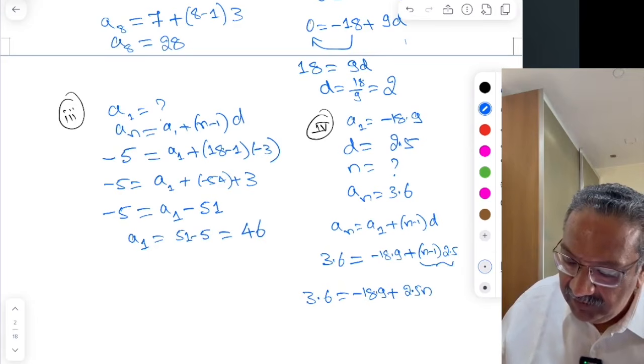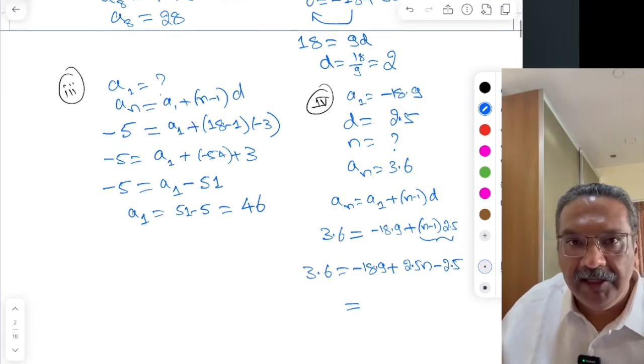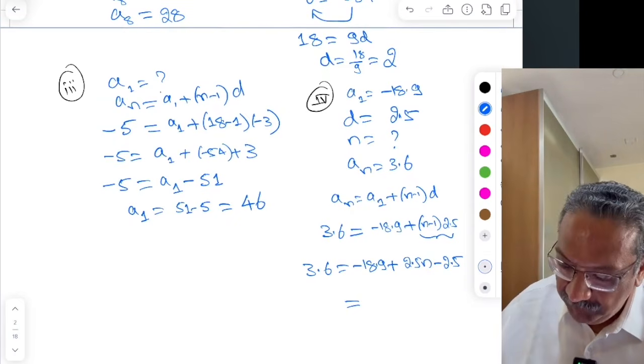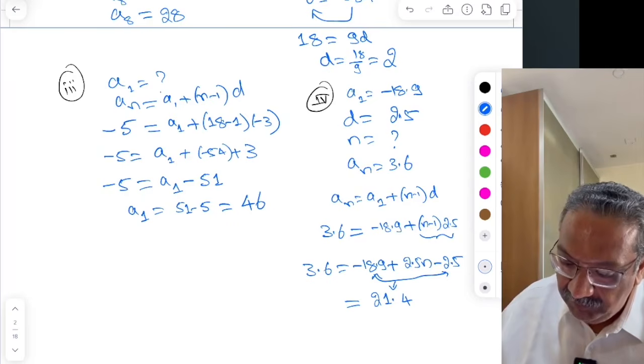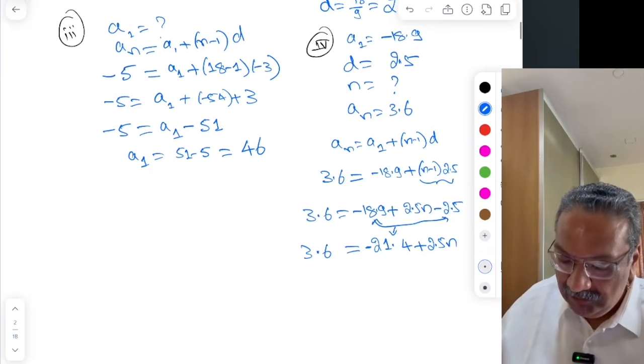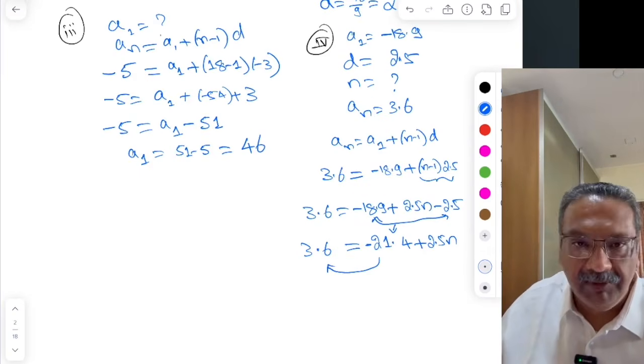I am expanding this, minus 2.5. Minus 18.9 and minus 2.5 both are minus, so it becomes minus 21.4. So it becomes minus 21.4 plus 2.5n is 3.6. There is a minus sign here, so if this comes this side it becomes plus.